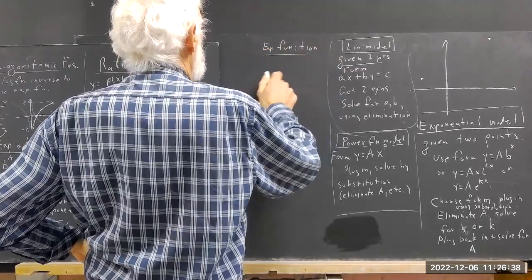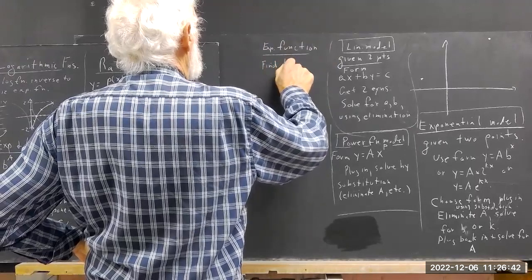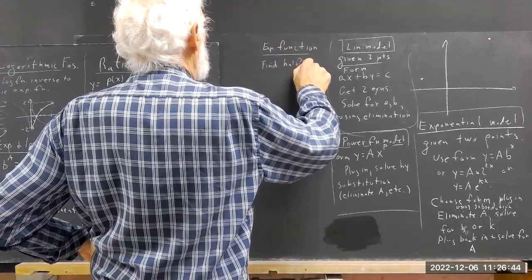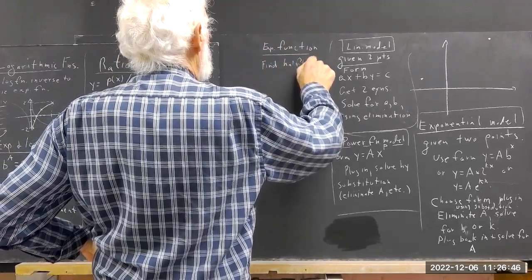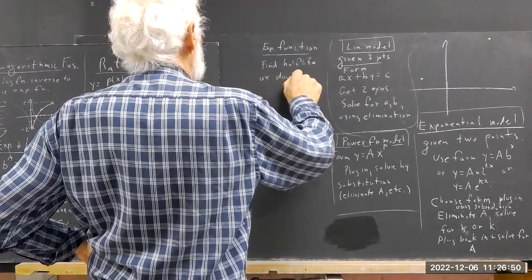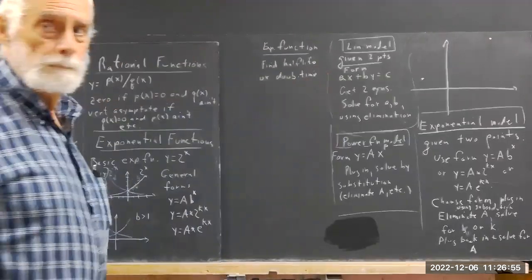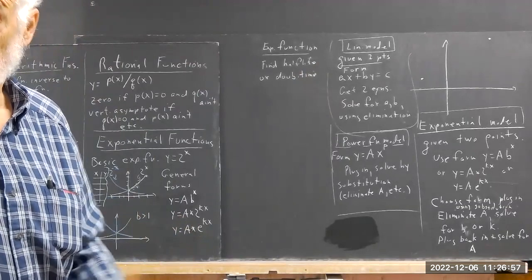An exponential function, find the half-life, for delta. Need to know how to do that.